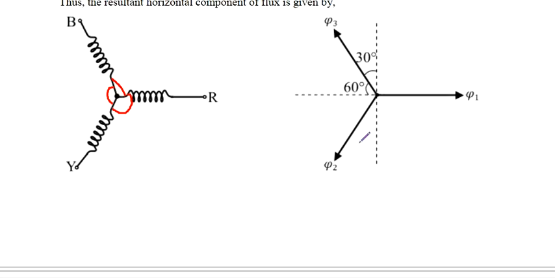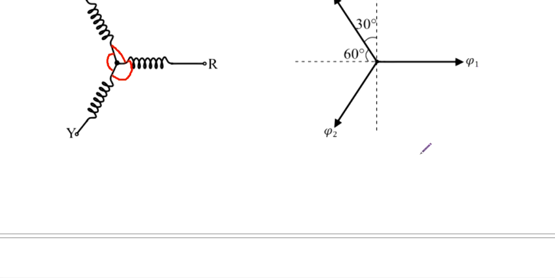What is meant by horizontal axis flux? The horizontal axis is here along with phi 1, right? In the direction of this horizontal axis, whatever the flux components due to phi 3, phi 2 as well as phi 1, their sum will be the total horizontal flux.